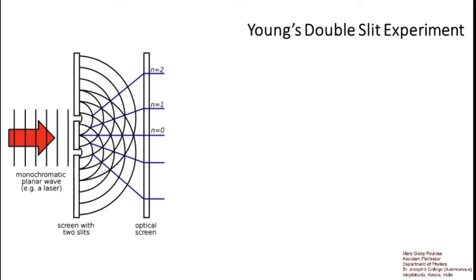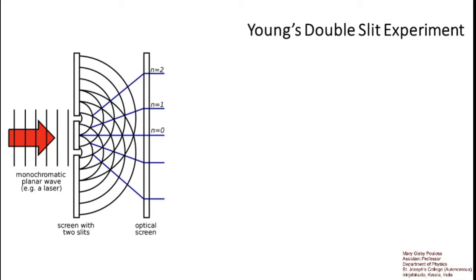Now, how do we set up Thomas Young's double slit experiment in the lab? Okay, for that, we allow monochromatic planar wave, that is light from a laser source or a monochromatic source like sodium vapor lamp. It is allowed to pass through two slits.